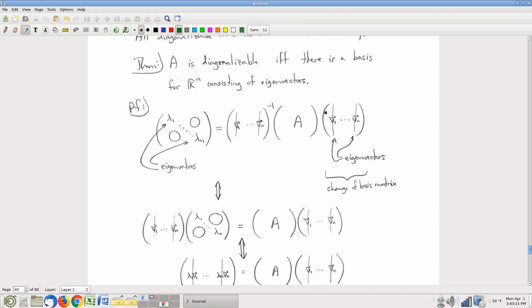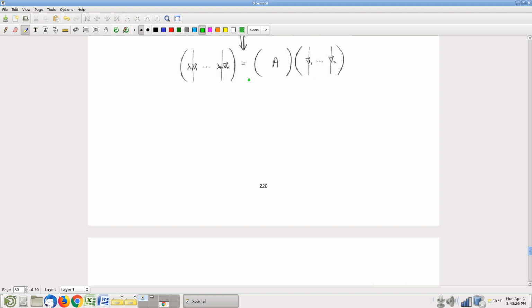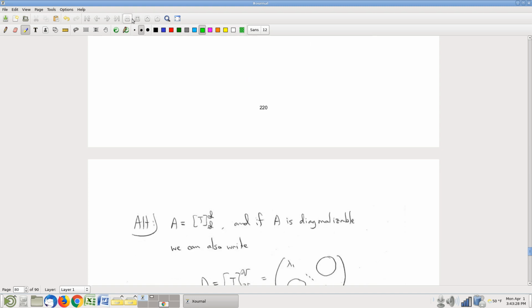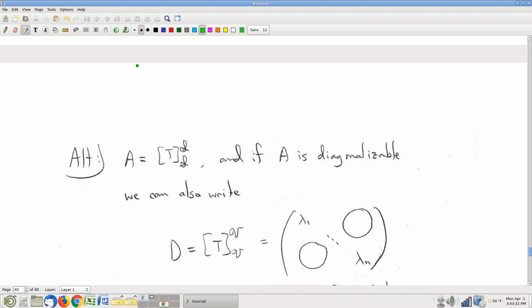So, again, I'm going to start with diagonalizability, and I'm going to try to get down to showing that there is a basis consisting of eigenvectors, but I'm going to do it in a different way. Here we go. A different point of view on diagonalizability.